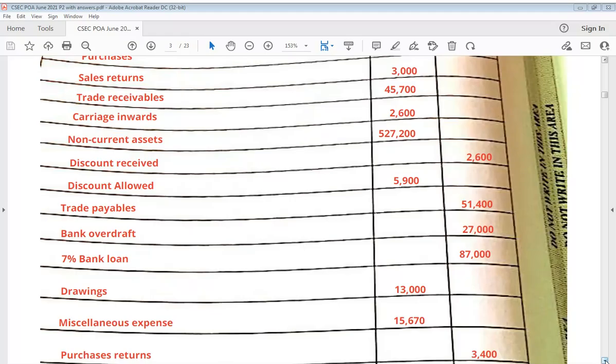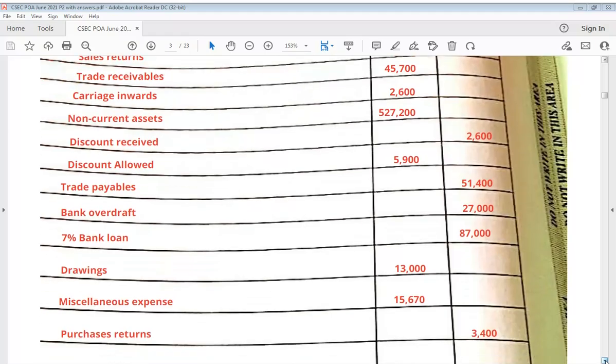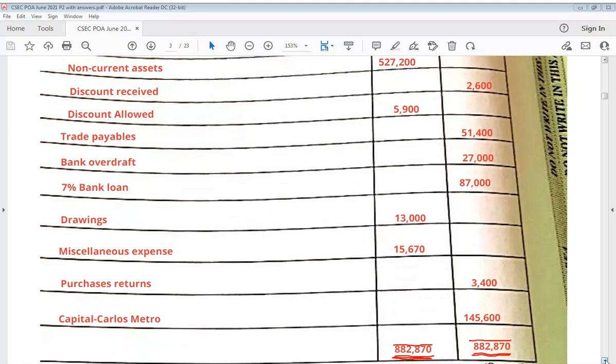and the bank overdraft we know is credited too, and the bank loan also is a credit balance in the trial balance. Drawings is a debit balance. Miscellaneous expense is a debit balance. Purchases returns is the same. What's another name we call purchases returns?